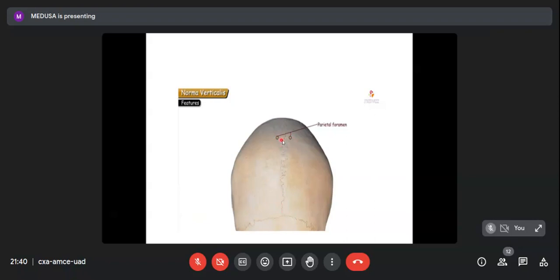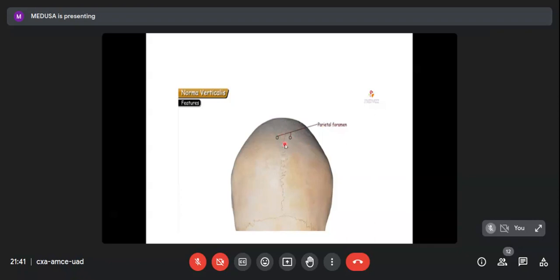Those two foramina are what we call parietal foramina. These two parietal foramina are important because that's where we have emissary veins passing. The emissary veins pass through the parietal foramina.